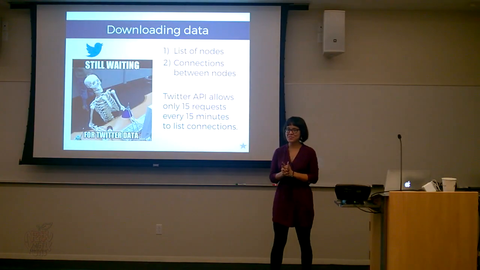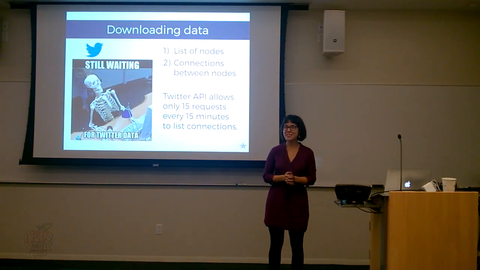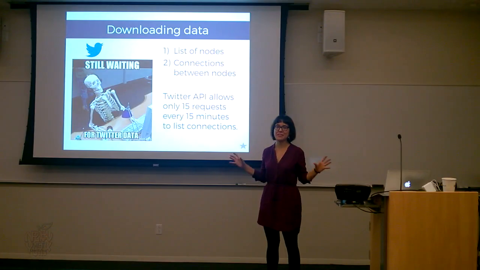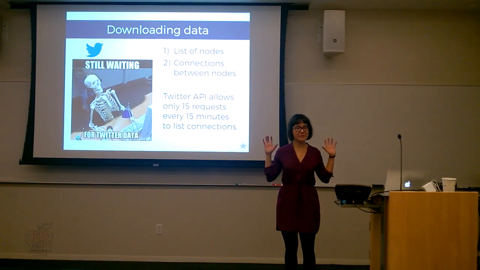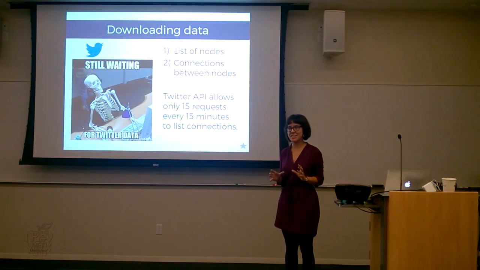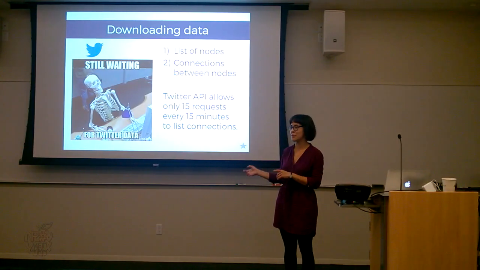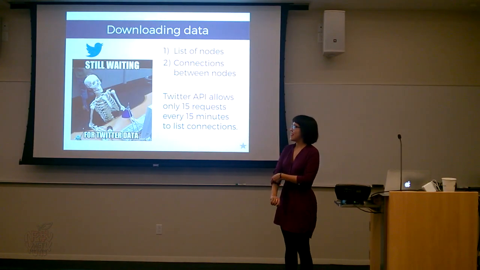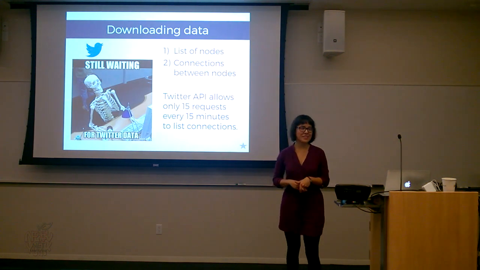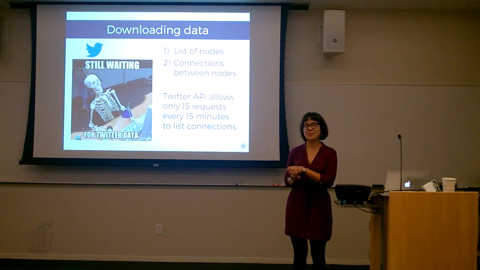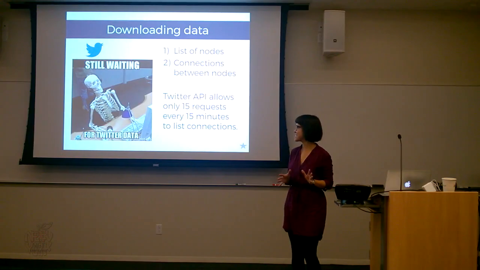So, back to our social network. To actually construct the network around the F# org account, I had to look at the nodes that are connected, that are either friends or followers of F# org, and then at connections between them. But the Twitter API has terrible rate limits.